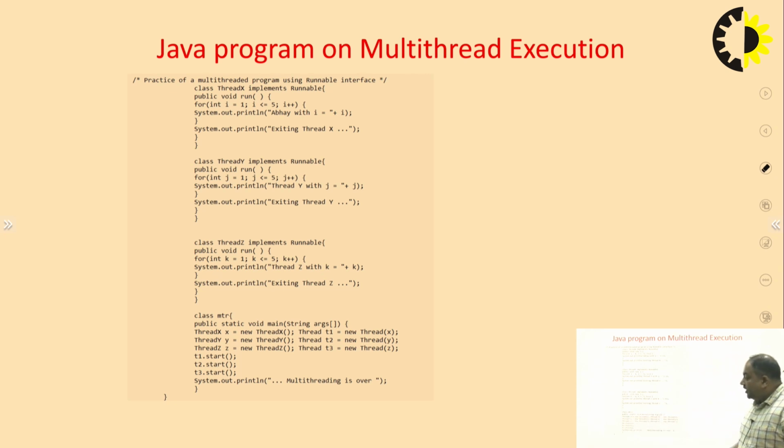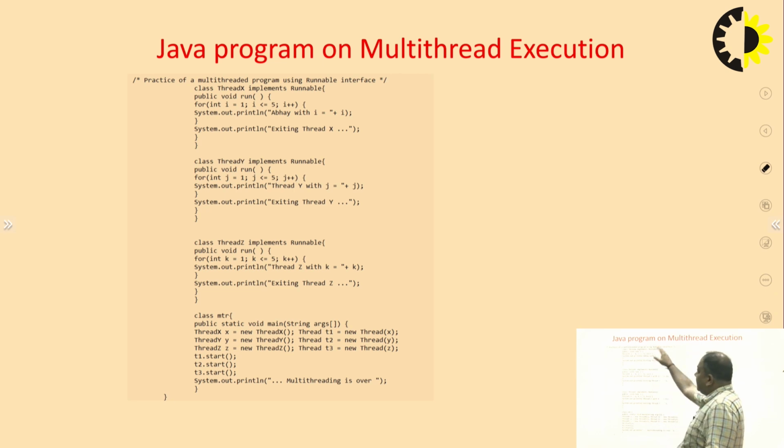Now we created a main class in which we start these threads, T1, T2, T3. For threads X, Y, Z, we created thread objects with the names X, Y, Z, and we assign these objects to T1, T2 and T3.